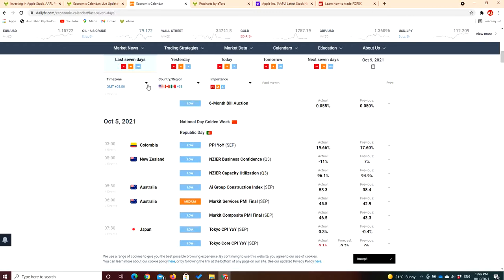Then it gives you the times for each event, so you know what time the news will be released, and at that moment you just check the news, and you should have prepared a strategy from before.